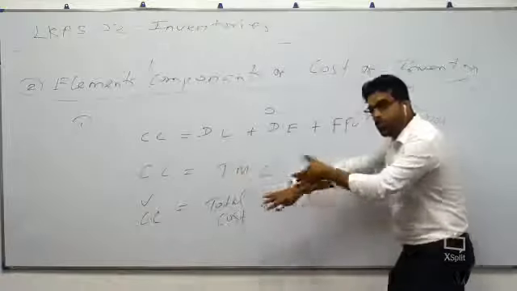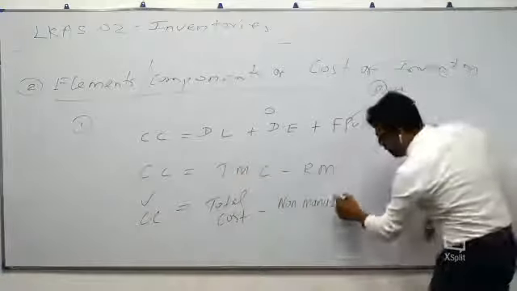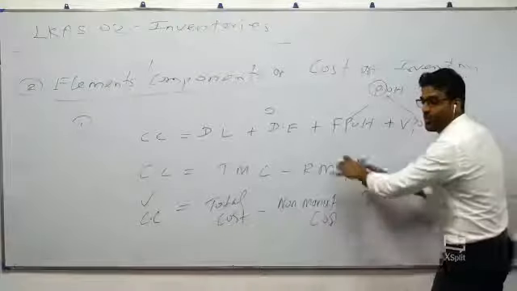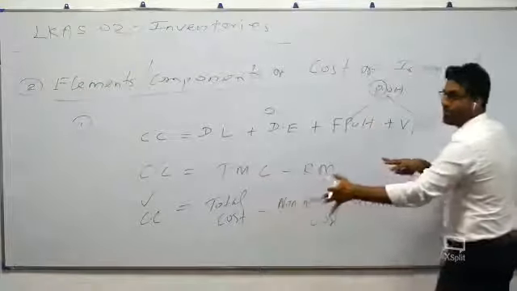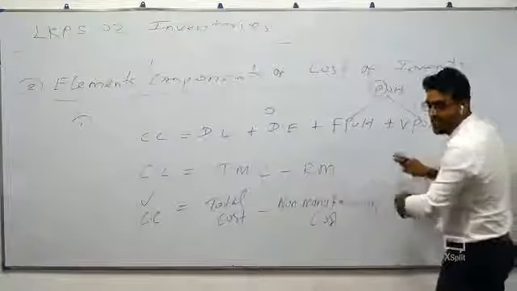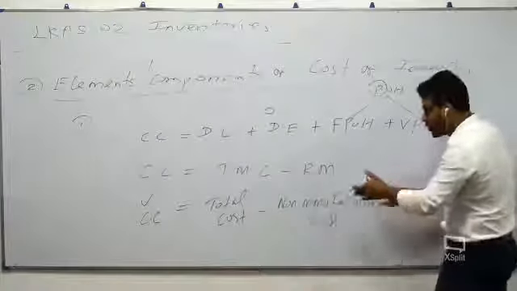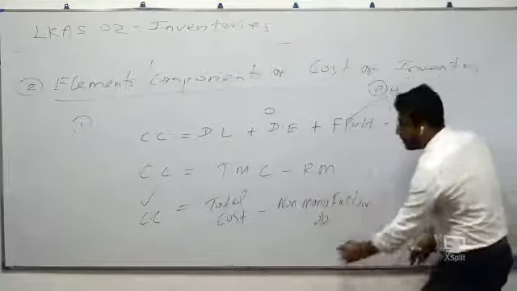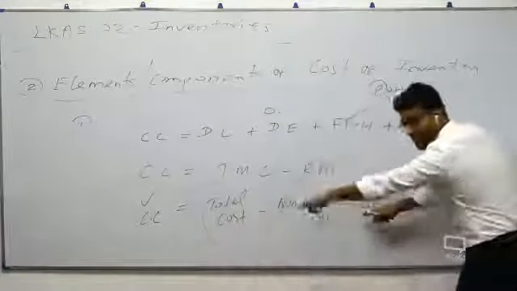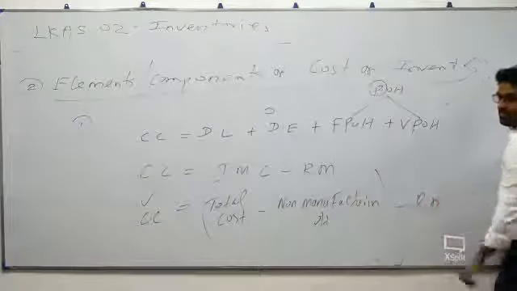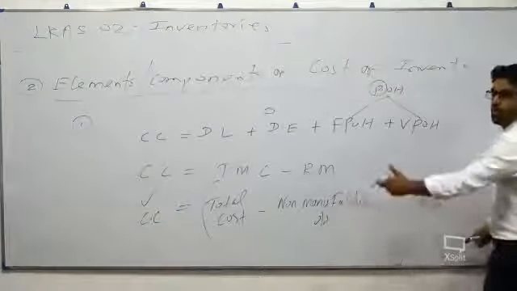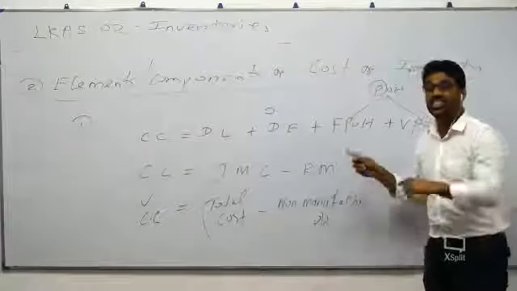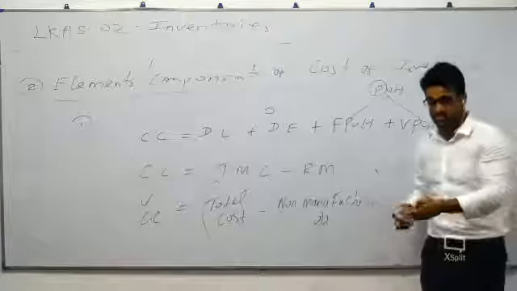From that, first remove non-manufacturing cost. Either you use the word cost or the word overhead. You remove it, then you get the manufacturing cost. From the manufacturing cost, remove the raw material. So when you remove two things, you get the correct formula of conversion cost, because even the formula can be tested in the exam.